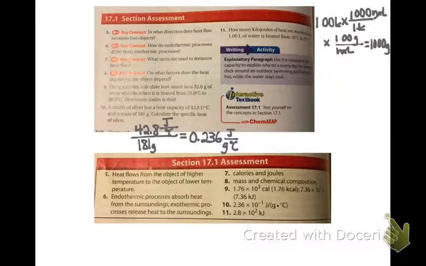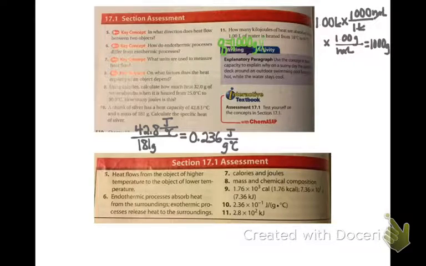So let me just change colors here so it shows up maybe over top of that purple there. So now I'm going to have Q equals the 1,000 grams.